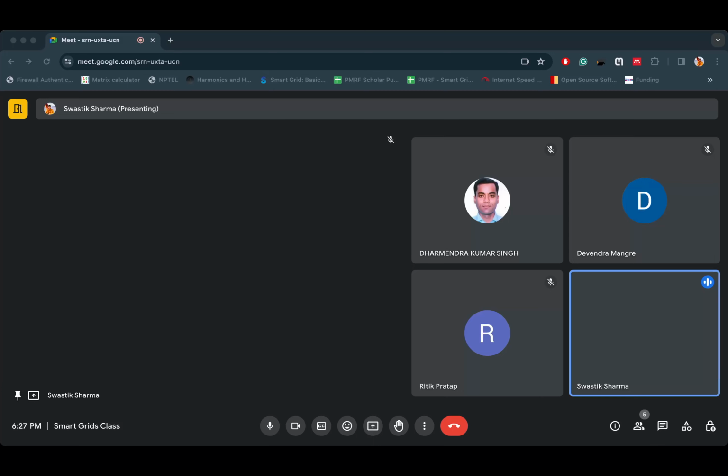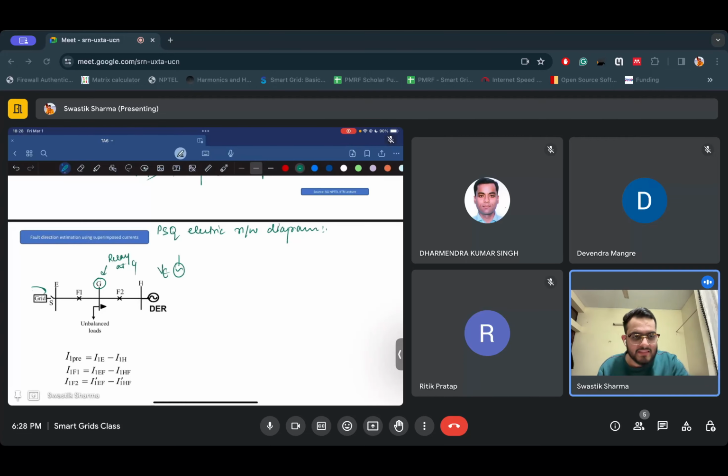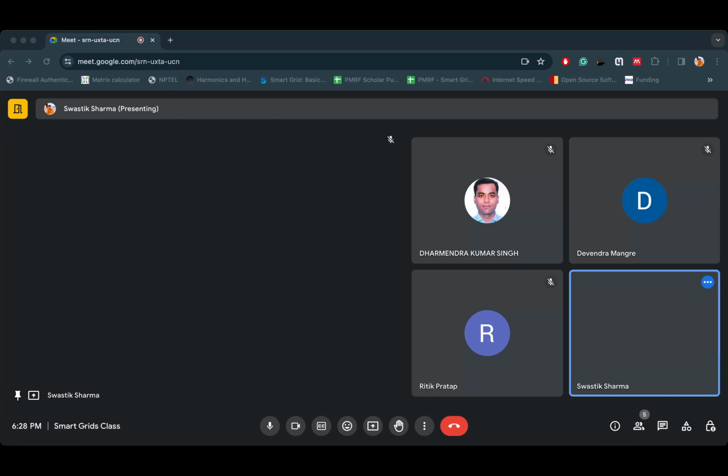We have this grid connected to bus number E. Let's call the voltage at which it is operating VE. Then there will be some internal impedance of this grid.